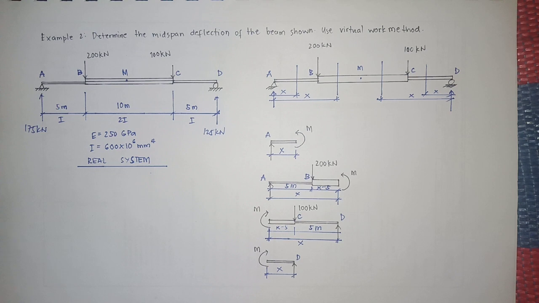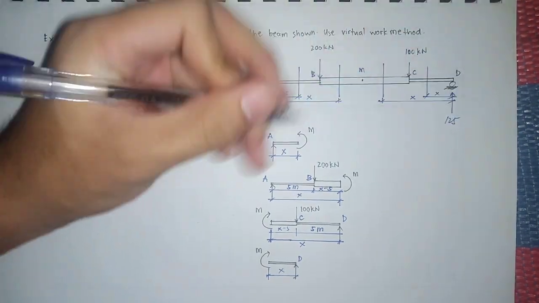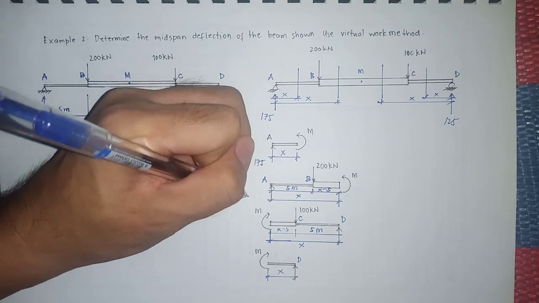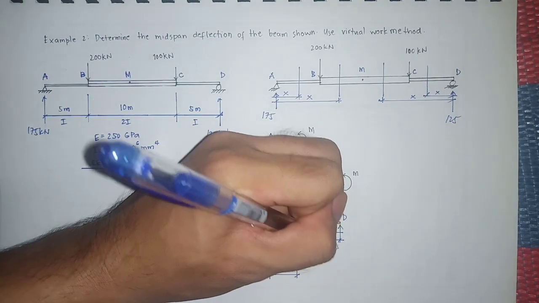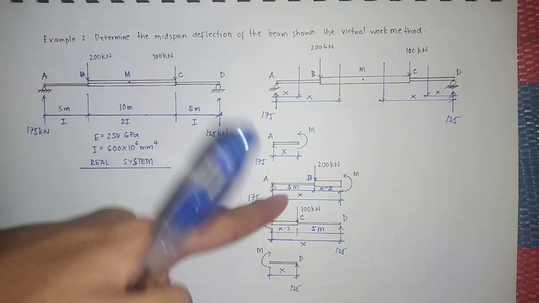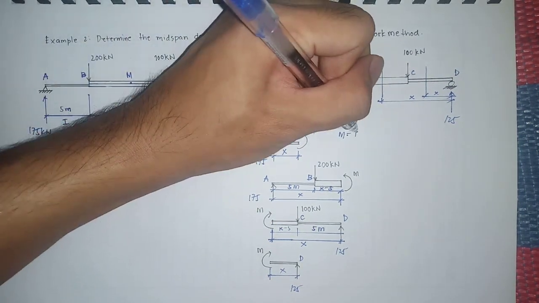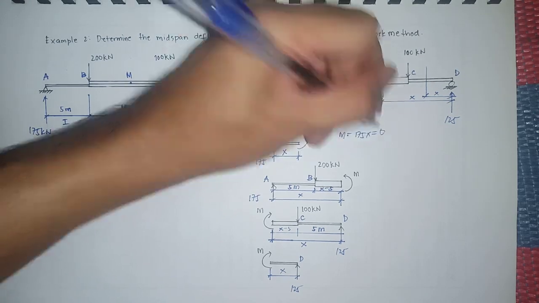On your own, you can try to set the origin doon sa point A pa rin. Walang problema. So, what is the moment equation here? By the way, this is 175. This is 125. Lagay lang natin dito: 175, 175, 125, 125. So, we have M minus 175 times X equal to 0.